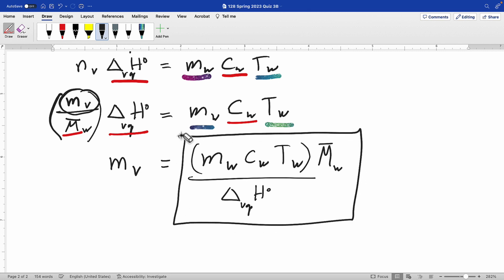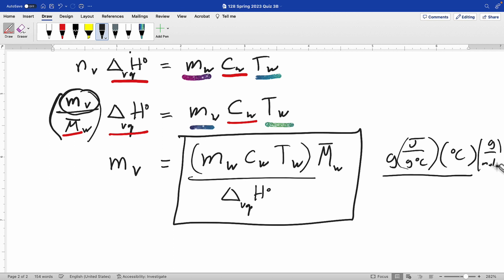Oh, we should check the units. Just to check the dimensionality, we're not going to actually put units in here, but if we use typical units, we'd have grams, we'd have joules per gram per degree C. We've got a temperature change in degrees C. We've got a molar mass in grams per mole. And we've got a heat of vaporization in joules, or we could change it to kilojoules, or joules per mole as well.